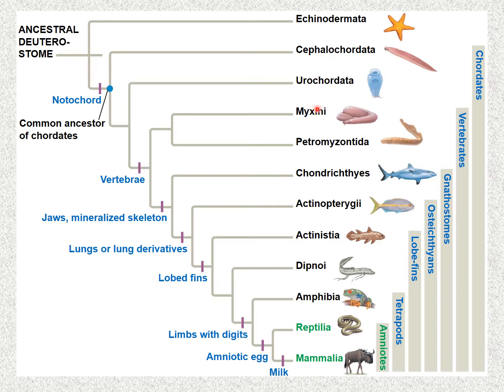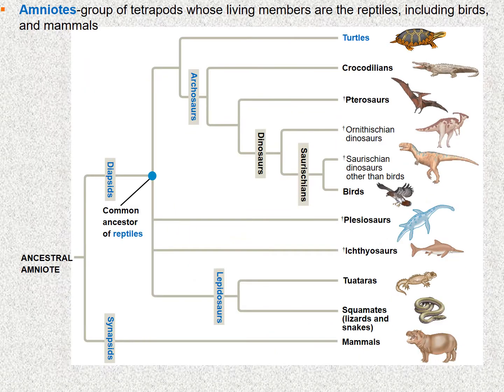And then there was a segment on vertebrates, which included all of those chordates which also have vertebrae, or some form of vertebrae. We continued through that segment and ended at the amphibians, which are tetrapods. Now we're going to continue with the amniotes, which include the reptilia and the mammals, and then also the primates. However, we're not going to include the primates, which will be the subject of the next and final segment.